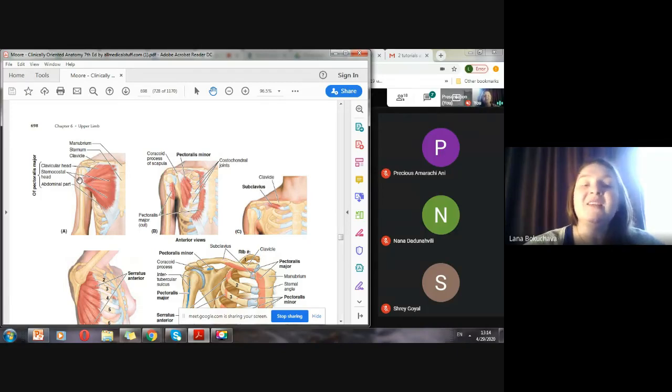Here you can see that particularly the lateral side or border, also known as the lip of the intertubercular sulcus or groove of the humerus, will be the one for the attachment of the pectoralis major muscle. So as you can see, the pectoralis major muscle is a very broad one. It's a little bit fan-shaped, as you can see here.